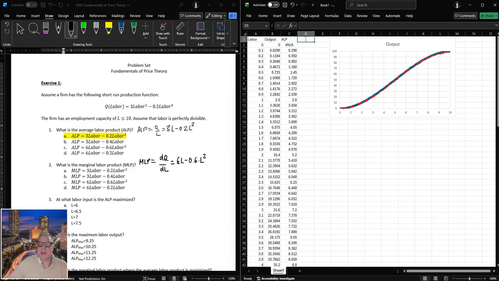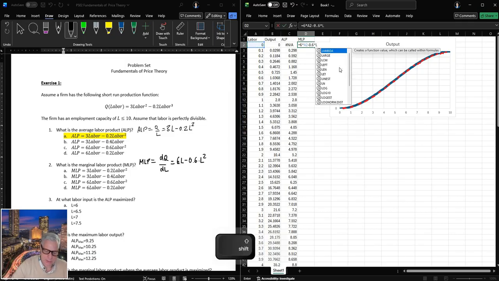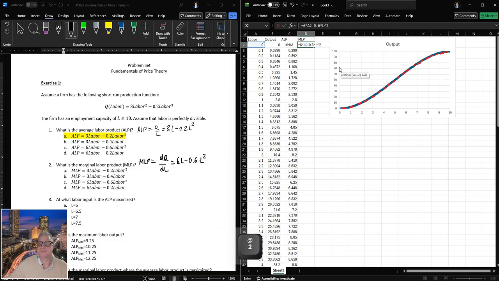Okay, let's also add that. Marginal labor product. That is equal to 6 times L minus 0.6 times L squared. Okay, so there's a typo somewhere.